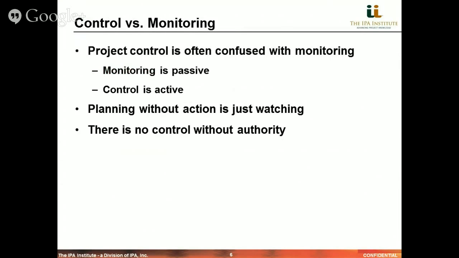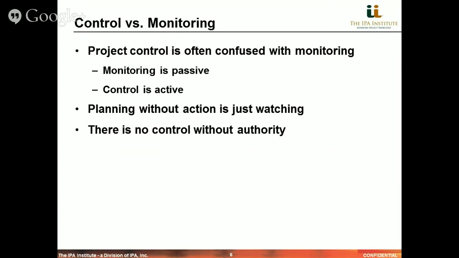Now, I wanted to also spend a moment on the distinction between control versus monitoring. Project control can often be confused, somehow mixed up with monitoring. But we like to talk about it in the context that monitoring is passive, whereas control is designed to actually do something, to implement, to affect the outcome, as it said earlier in the presentation.